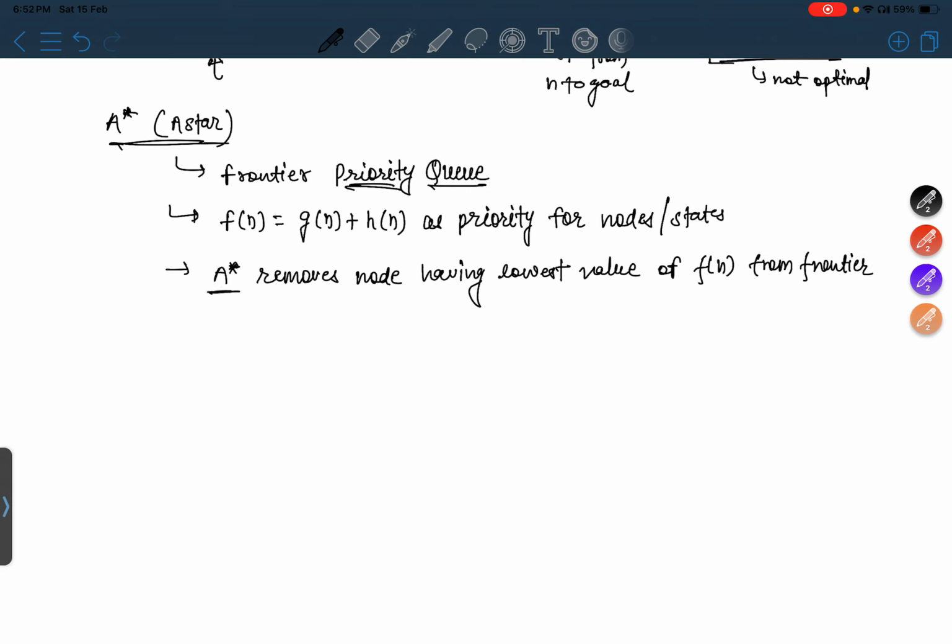A star will remove the node which has the lowest value of f of n at any moment of time and explore that node. Okay? So whenever we are about to remove a node from the frontier, we'll check among all the nodes in the frontier which node has the lowest value of f of n, and we'll remove that node from the frontier and explore it, checking whether it's a goal node or not, and add the successors.